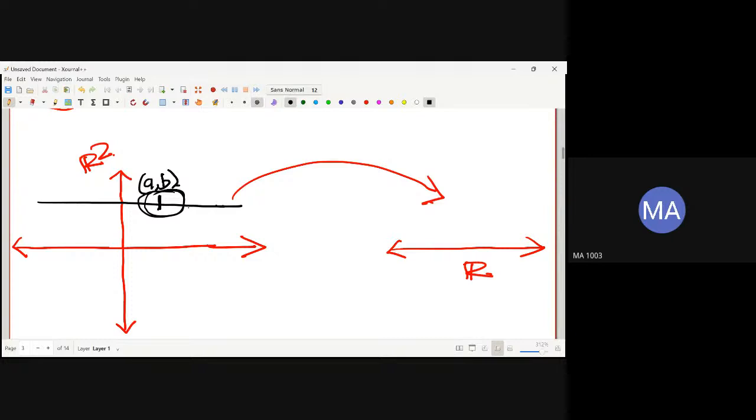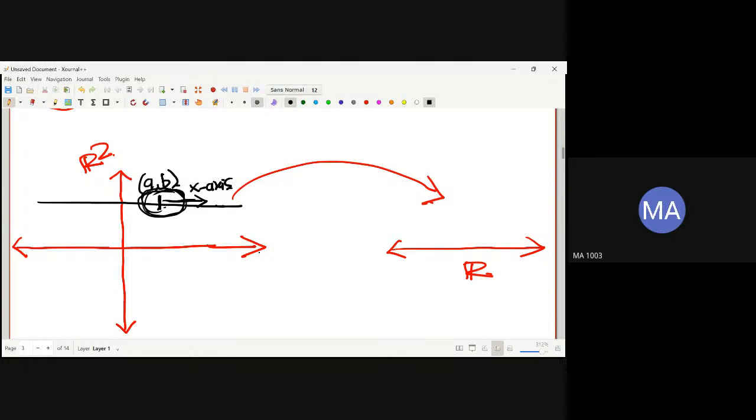So for a multivariable function, this notation gives you the instantaneous change of the function in this region, at the point (a, b), of course along this direction, along the x-axis, because there are infinitely many lines which pass through this point.